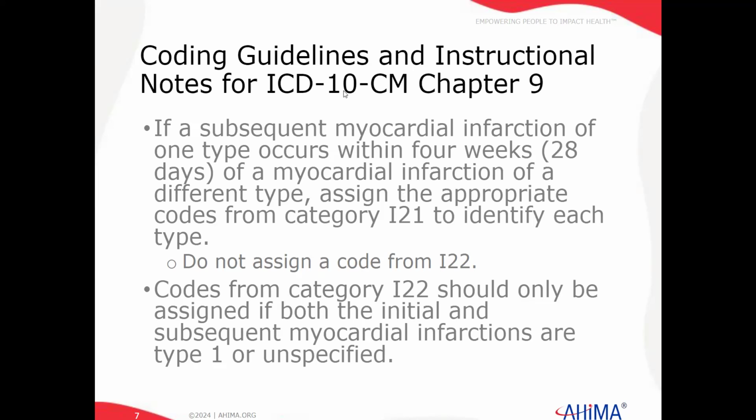And again, we'll go through some examples on this and give you plenty of practice so you get the opportunity to understand this. It sounds confusing right now, but an important thing is to just work your way through the documentation and look for these things, paying particular attention to, is it within 28 days? Is it type 1 or is it unspecified?